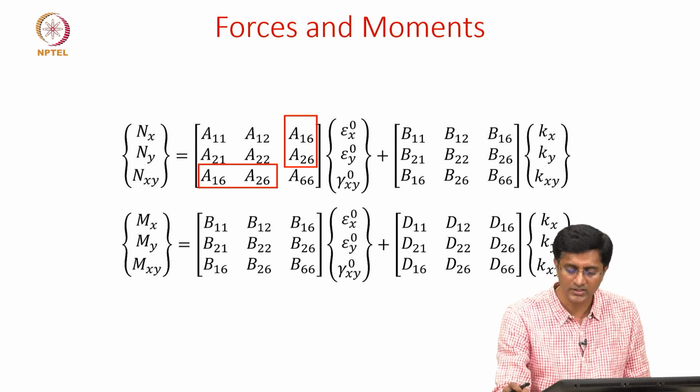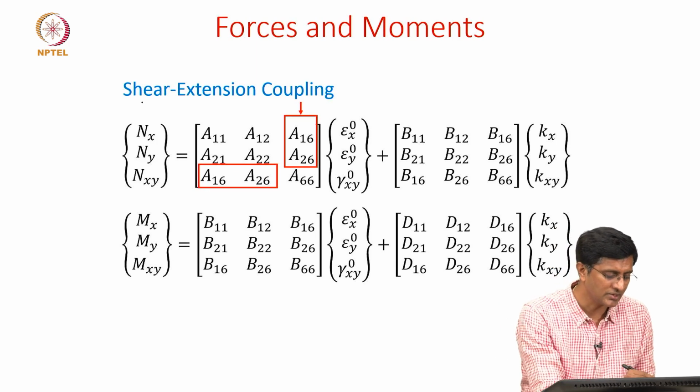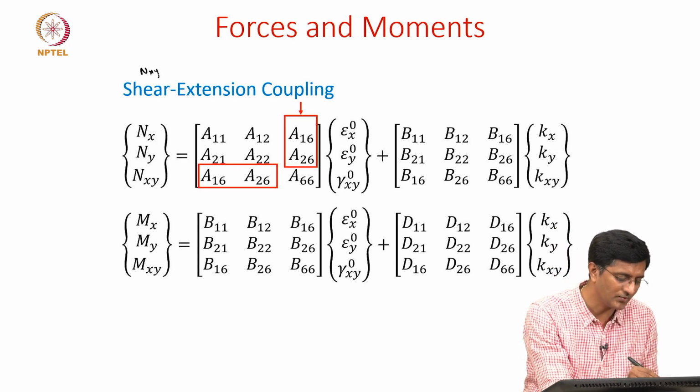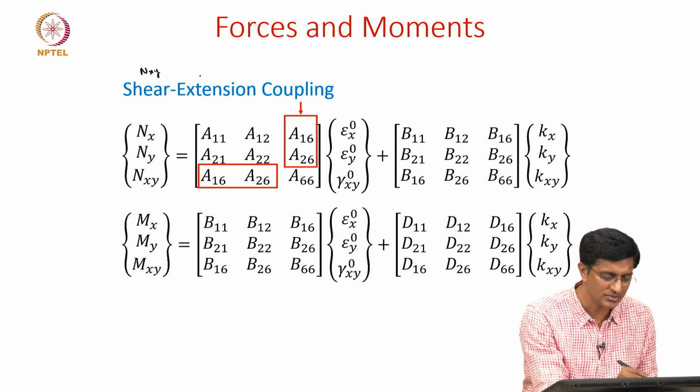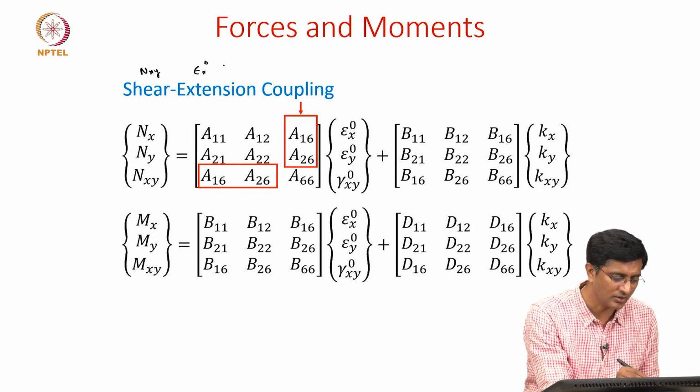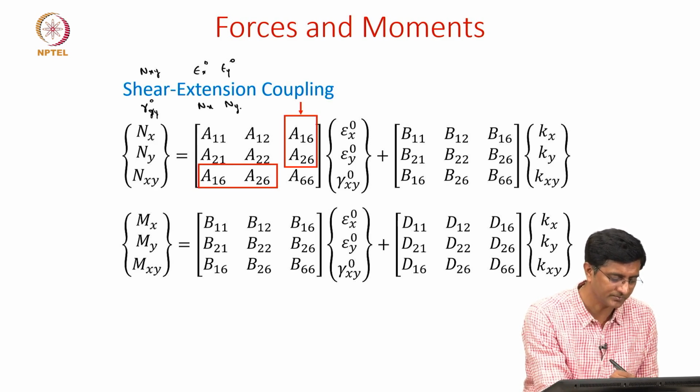So these are called shear extension coupling. So shear, in the matter of either Nxy, is coupling with the extensions epsilon x naught and epsilon y naught, or shear in terms of the strain gamma xy naught in terms of the extension forces Nx and Ny.